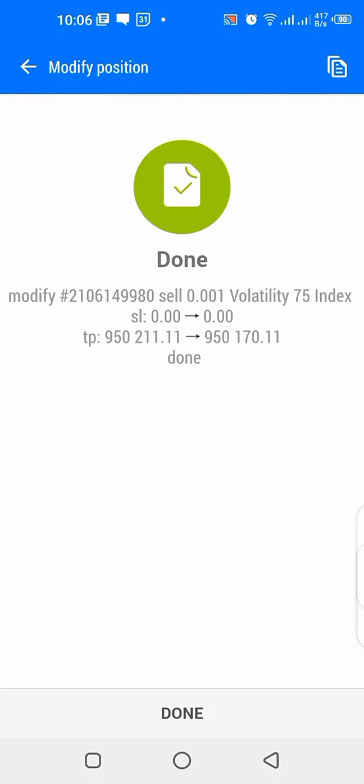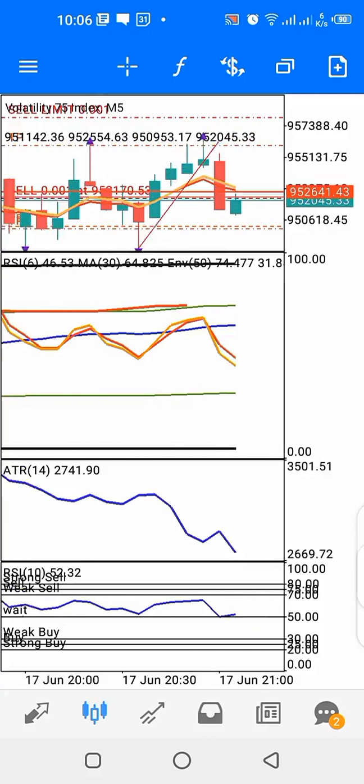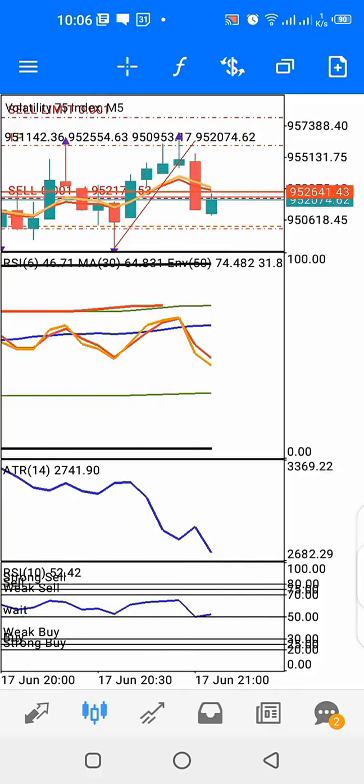If you look at the running sell trade, it's 950,170.11. The bulls are still trying to push price up, but the current bearish bar is already an indication that we have a strong rejection by the bears.